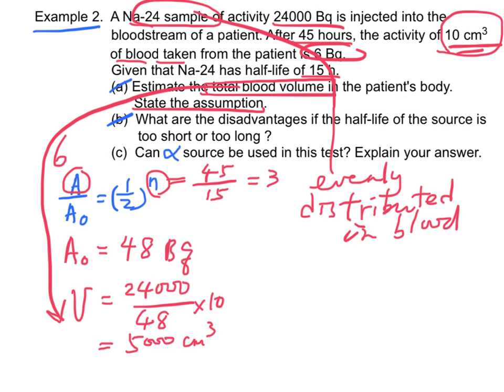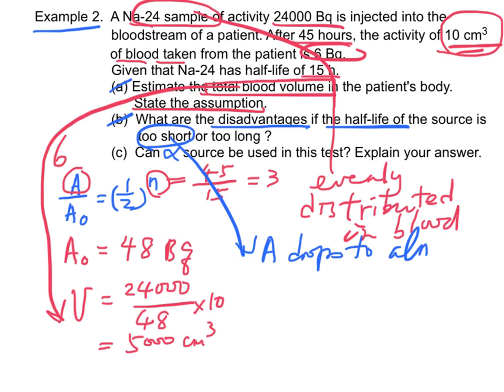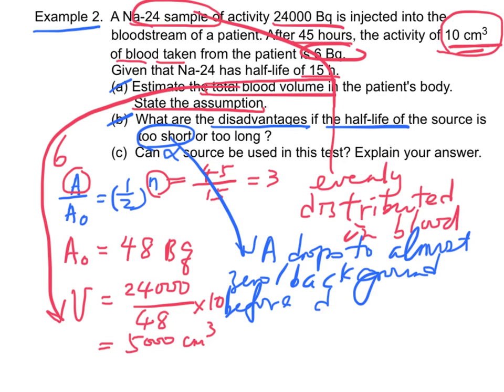Part B. The disadvantage is that if the half-life of the source is too short, then its activity will drop to almost zero or background level before dialysis is taken.